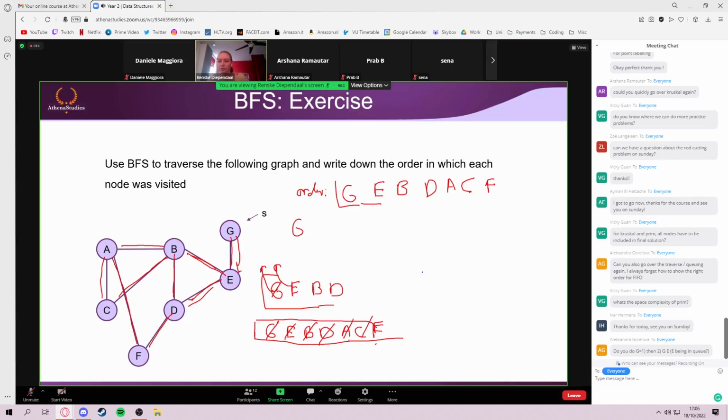So question, do you do G is 1, and then 2 GE? Yeah, so you first look at G, and while you're looking at G, so it's removed from the queue already, you notice that you next have to look at E, so you put E into the queue.